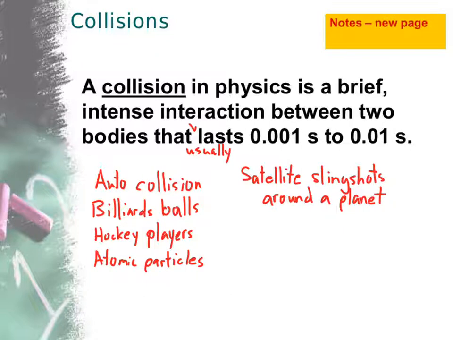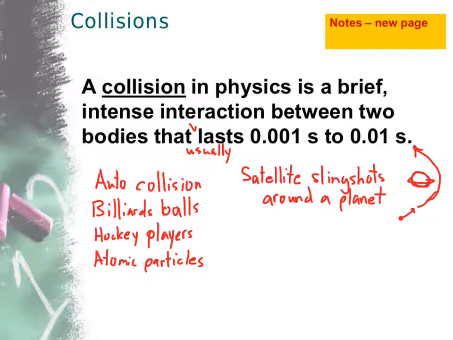You might not be familiar in everyday life with what that looks like, but imagine they launch long-range probes, and maybe this is the planet Saturn. If they have a satellite coming in this way, they'll have it slingshot around Saturn to gain some energy and change its direction, so that it's now leaving this way.